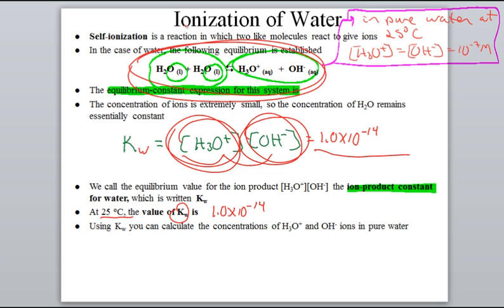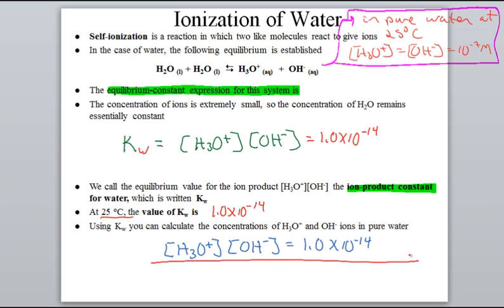So what are we going to do with this expression? Remember, the concentrations are like variables. If we have this equation, this is like x, and that's like y, and it equals that 1 times 10 to the negative 14th. If you know one of the variables, you can solve for the other.